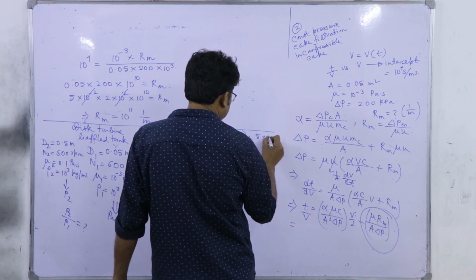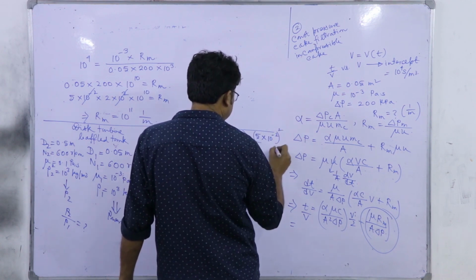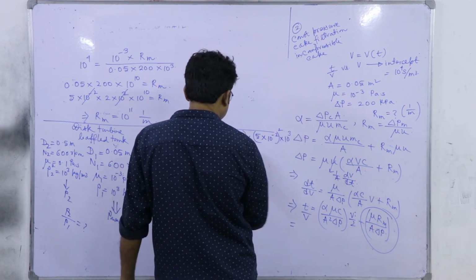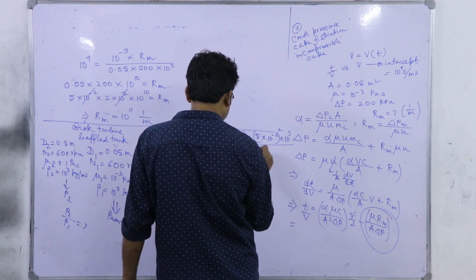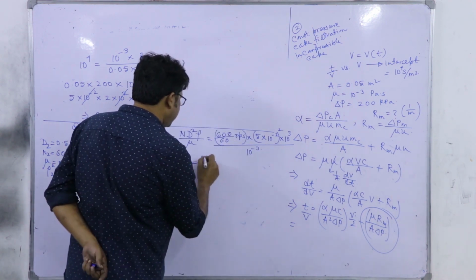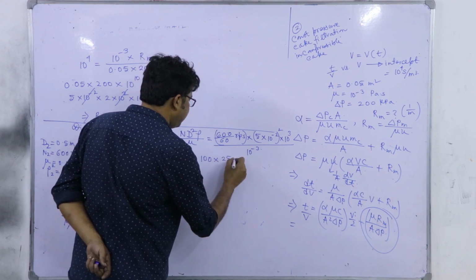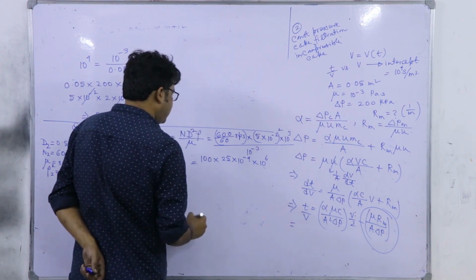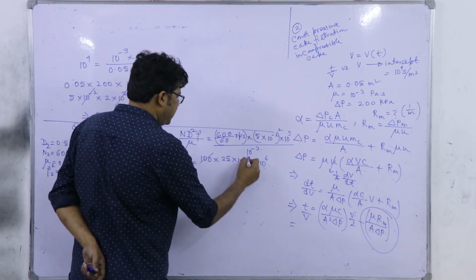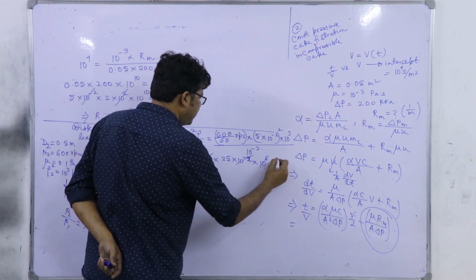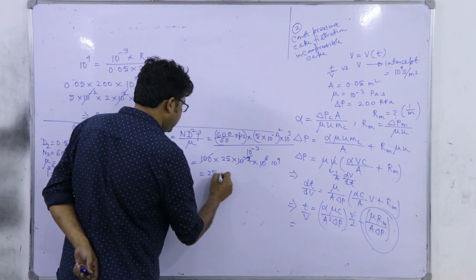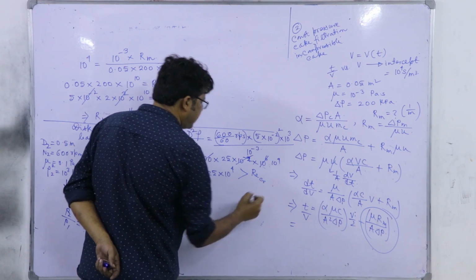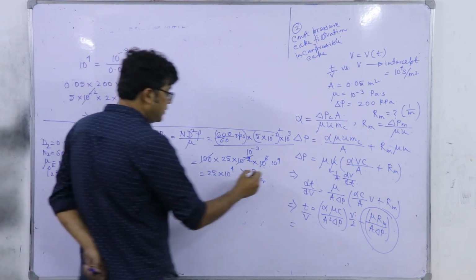So it is 5 into 10 to the power minus 2, whole square, into rho, that is 10 to the power 3, divided by 10 to the power minus 3. So 100 into 25 into 10 to the power minus 4 into 10 to the power 6. So this 100, this is 2, this is 10 to the power 4. So it is 25 into 10 to the power 4, much greater than Re critical for the turbulent limit, and that is 10 to the power 4.